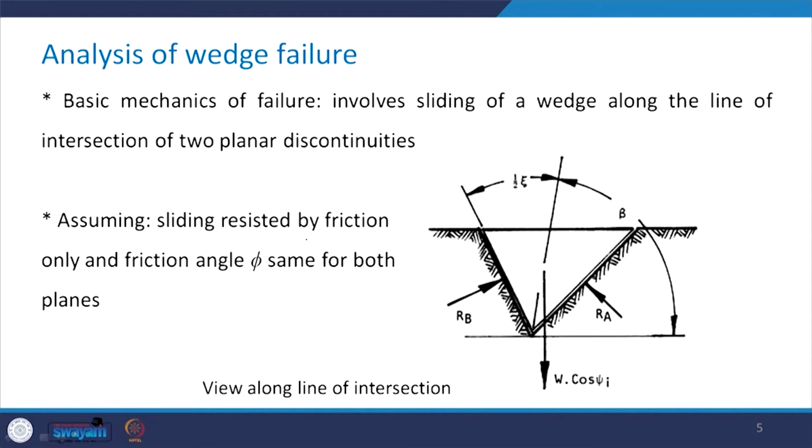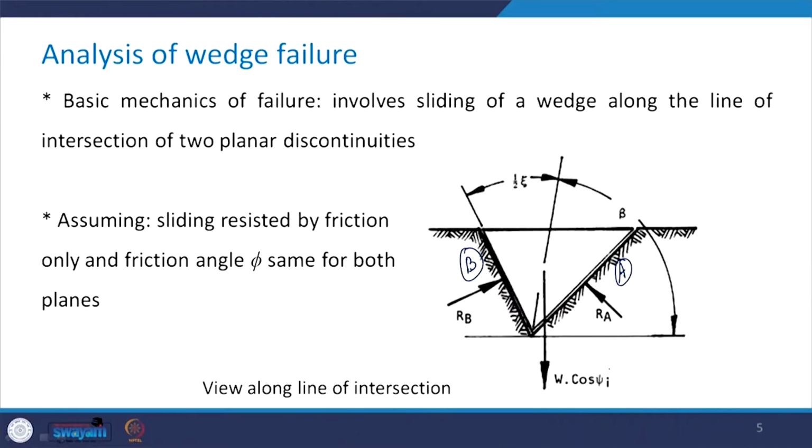We need to assume that the sliding is resisted by friction only, and the friction angle phi is the same for both the planes, be it plane A or plane B. We are doing this for the sake of simplicity, but methods are now available. If you have different friction angles for these two planes, that also can be taken care of.